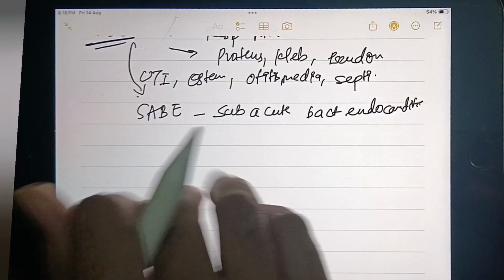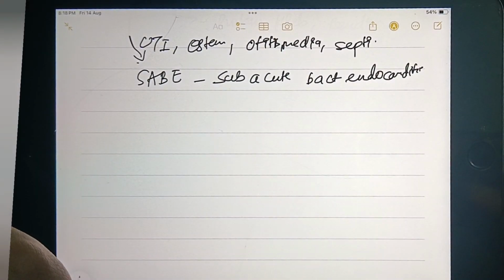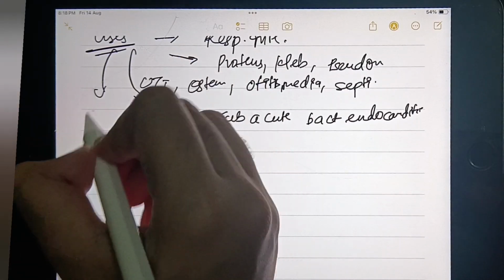Okay, it is also used for subacute bacterial endocarditis, and it is also used in meningitis.